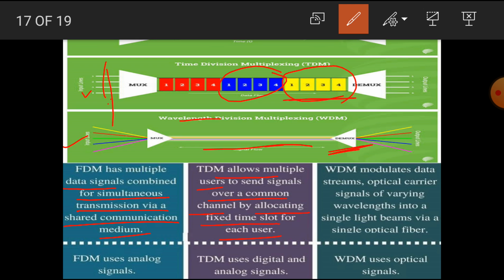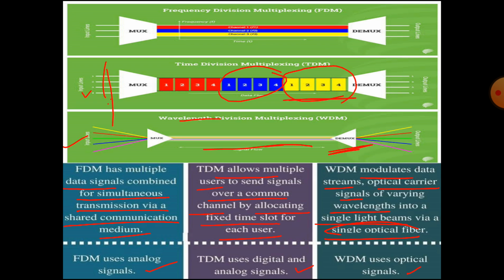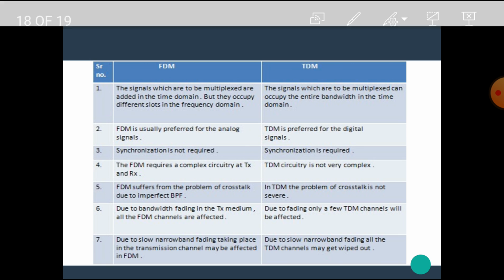Wavelength division multiplexing modulates data streams, optical carrier signals of varying wavelength, into a single light beam via a single optical fiber. FDM uses analog signals, TDM uses digital and analog signals, and WDM uses optical signals. Okay, this is the basic difference between FDM, TDM, and WDM.